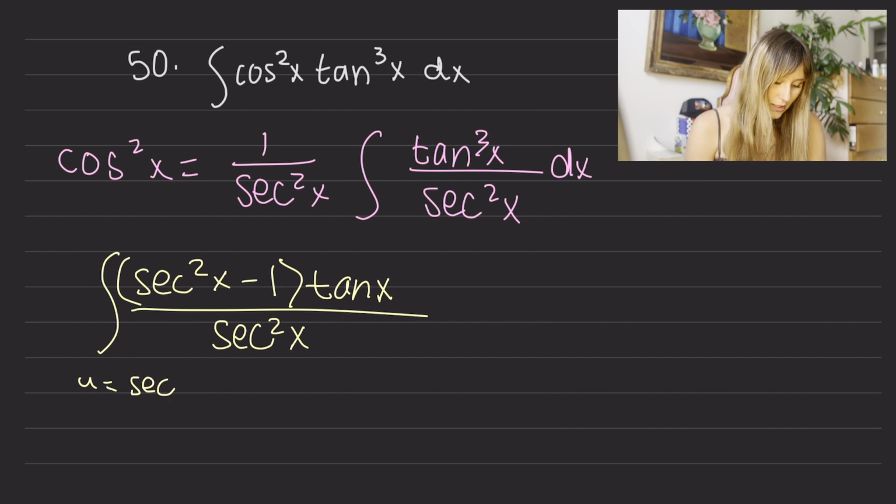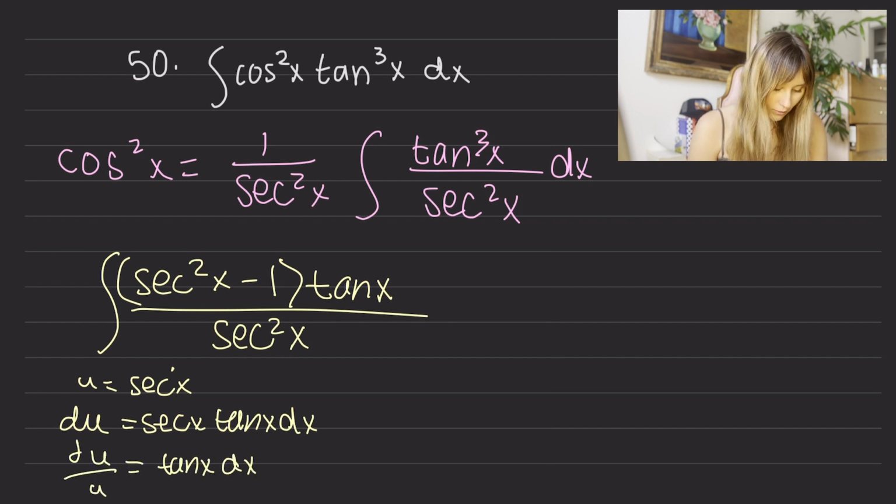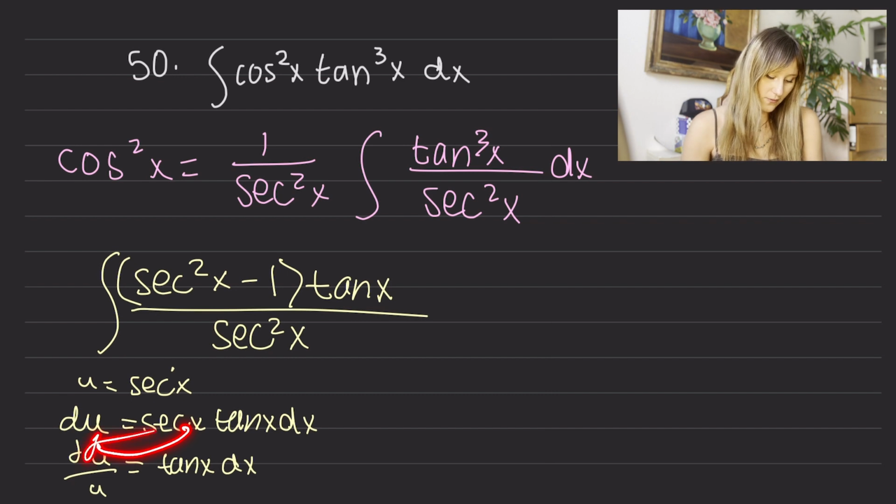U substitution we do. So you see what I did there? I just moved the secant x to the other side, and since secant x is u, we moved that here by dividing it.